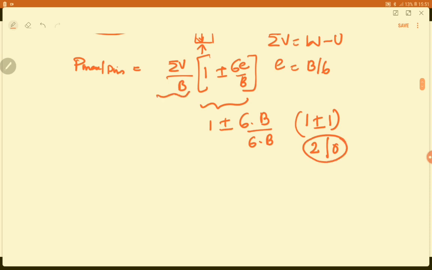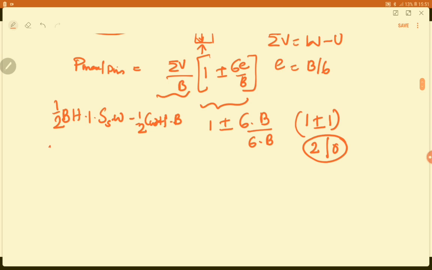Now what is this sigma V by B? Sigma V is equal to W minus U. What is this W? W is equal to half into BH into 1 into S into W minus half into CW into H into B. These are the forces.